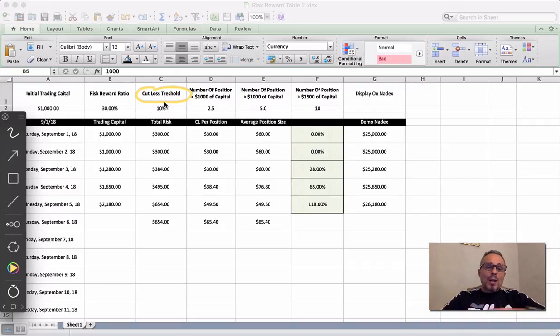Now, the one that has proved right for me has always been 10% of my risk reward ratio. It always worked well. You can downsize it. I know people that downsize it to 5%. I don't recommend it, unless you're a person that is very strict in your entries and very clean in the way you time them.